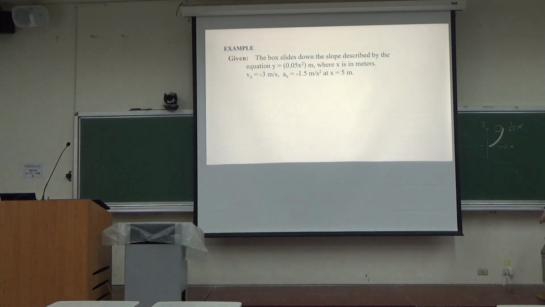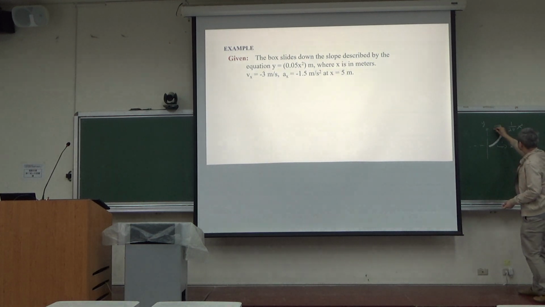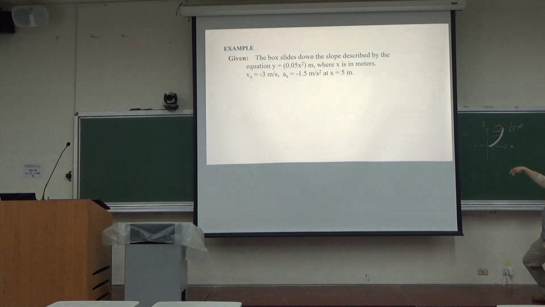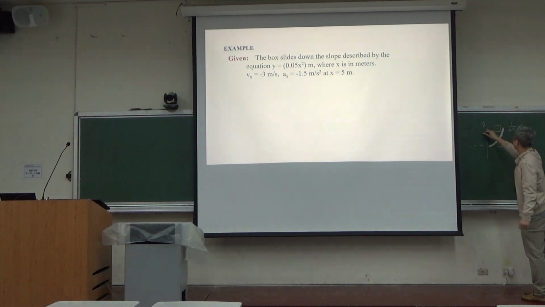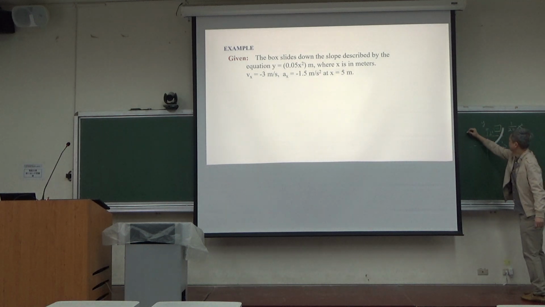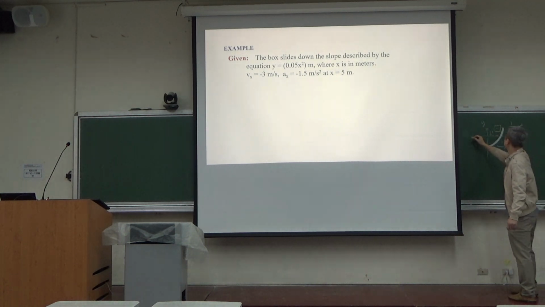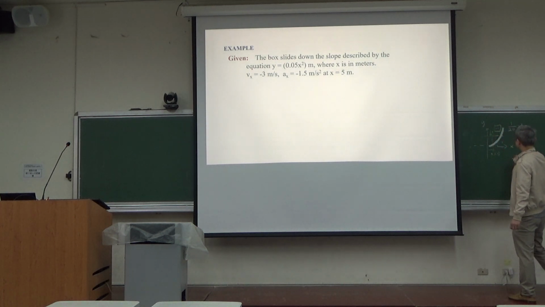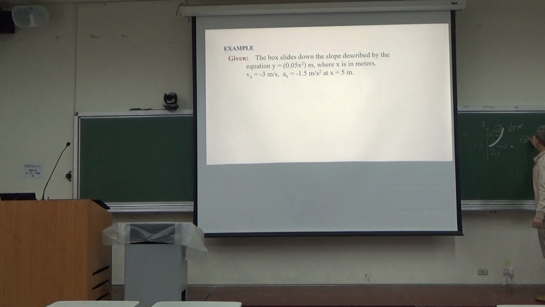But the next step is telling you when it is sliding down, let's say to 5 meters. When y equals 5 meters, no, it is telling you the x. So when you come down such that x is equal to 5 meters, what happened?